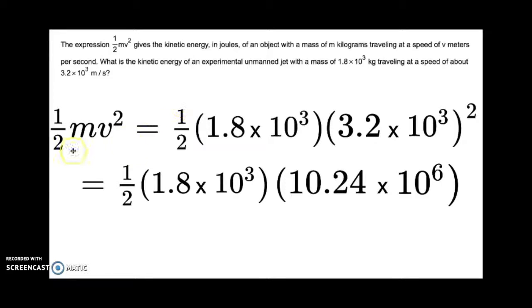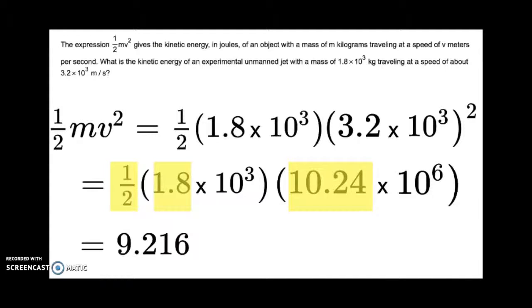Now we got to multiply all of these together. So multiply all of the numbers in front, not the tens with the exponents, together. So 1/2 times 1.8 times 10.24, that'll give us 9.216.